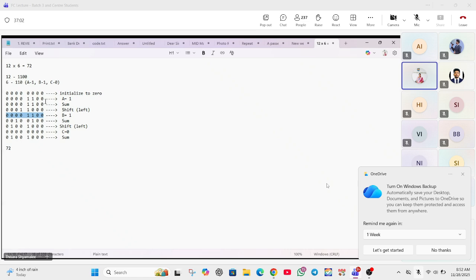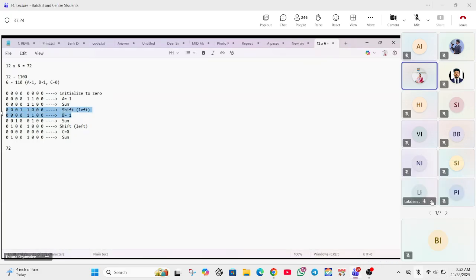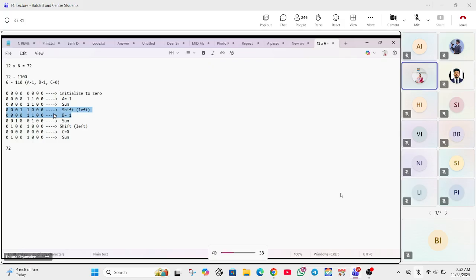The same answer, because the value is 1. Then once you have done the multiplication, you get the summation of the previous two steps, the left shifting and the multiplication by the B value. You get the summation of both values.